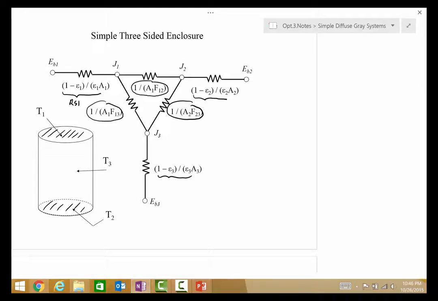And this is just a very simple system of equations. If the temperatures are known on these different sides, then the questions that might be asked are, what are the heat fluxes or the heat transfer rates on the different surfaces?